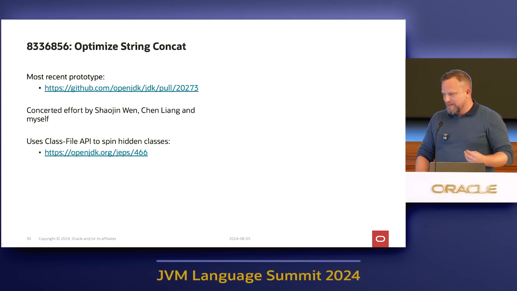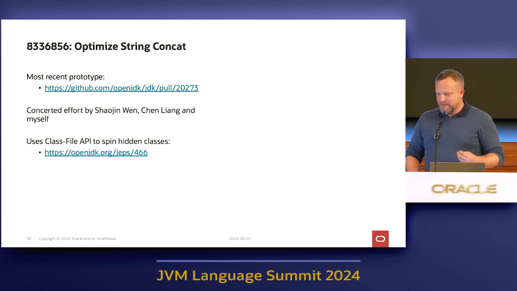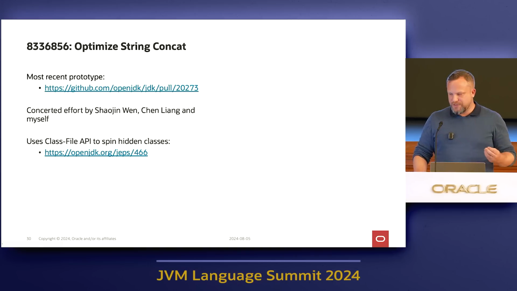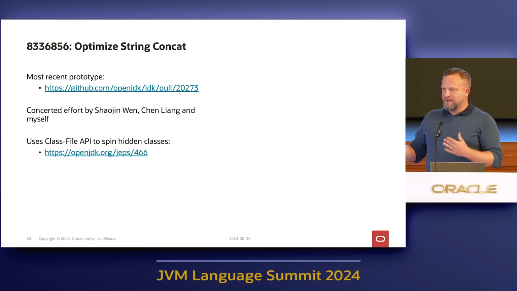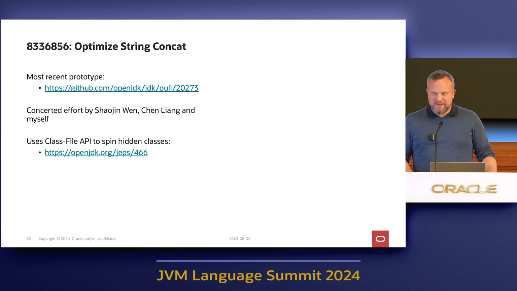This prototype, I now have to say, is mainly Xiaojin's code, but Chen Yang and others and I have guided Xiaojin to make sure to cover all aspects of the prototype idea.